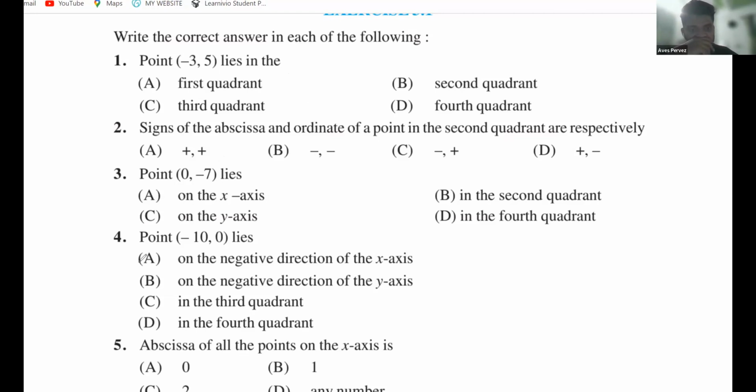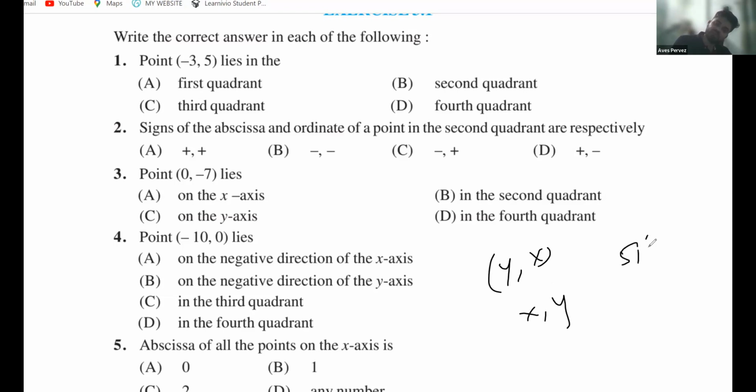On the negative direction of the y-axis. The first coordinate is of x or y? It's y. The first is y. Do you write y comma x or x comma y? X comma y.